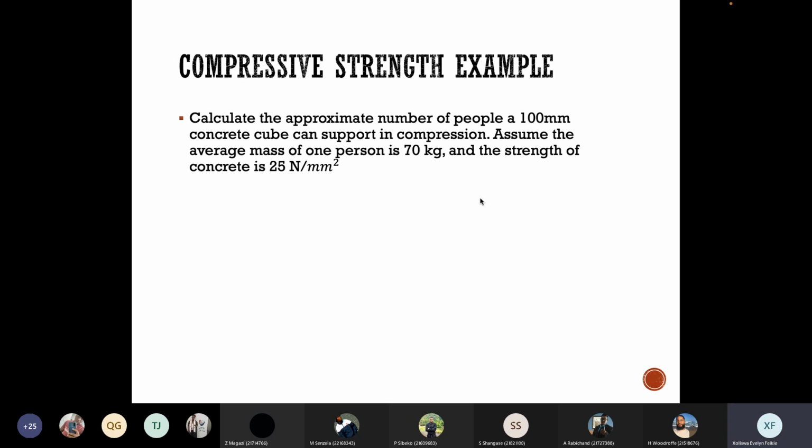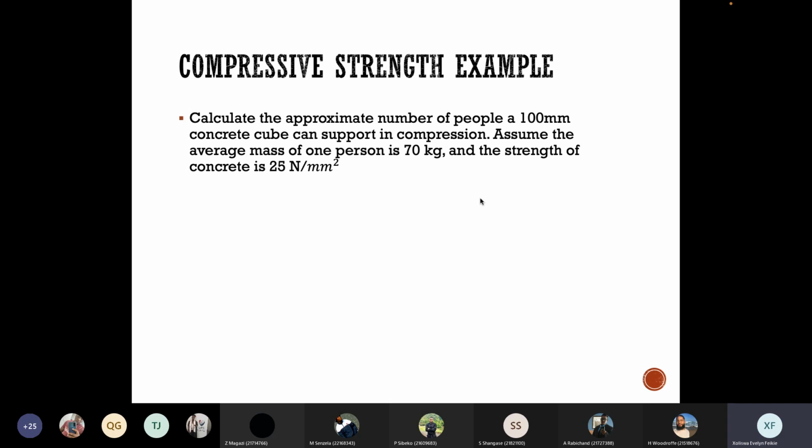I'm just not sure of the exact value, you need to calculate it to confirm, but it will be an approximate number. That's why they say approximately, because it will have a decimal, but because we're dealing with human beings, you just round it off and say approximately this number of people, assuming one person is 70 kilograms.